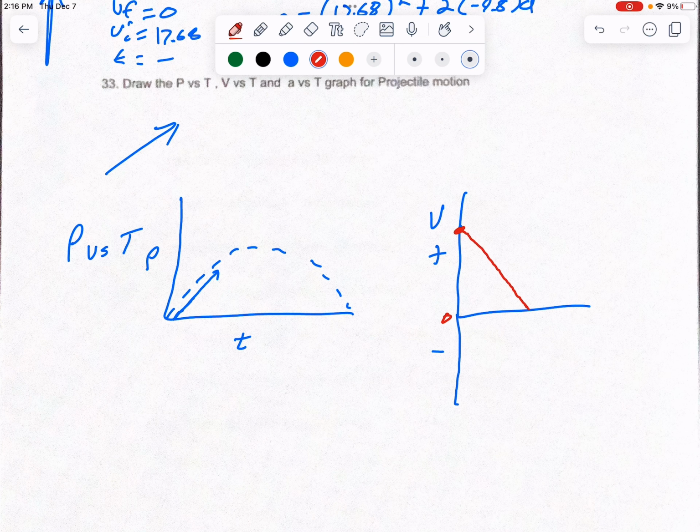And then remember, when it reaches the top of that projectile, it's going to stop. So right there is where it stops. And then once it starts going back down, it starts to speed back up in the negative direction. So now you're going away from 0 in the negative direction. Okay, so that's what a V versus T graph looks like for a projectile.